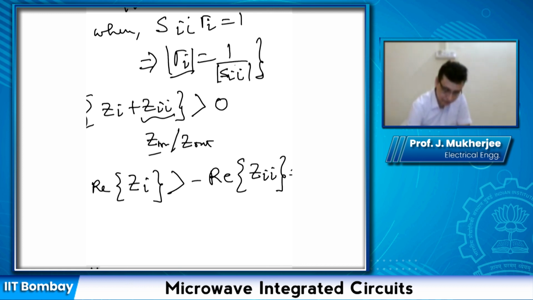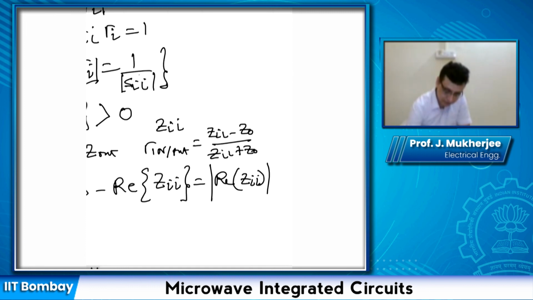If I find out gamma in or out, that will be equal to Zii minus Z0 upon Zii plus Z0, and we know that this is equal to Sii because of the unilateral case, and since Sii has a magnitude greater than 1, Zii must have negative real part, and which is why we can write this expression. This expression can be written as this.